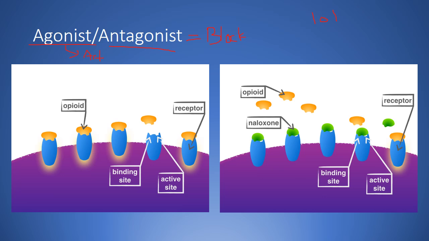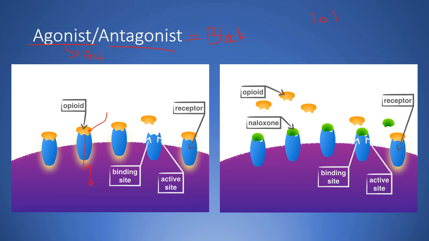In this case, we've already talked about the opioid or the narcotic binding the receptors, and it causes an action, which is depicted by the kind of glowing here. But the opioid, which is an agonist, binds the receptor, causes an action.